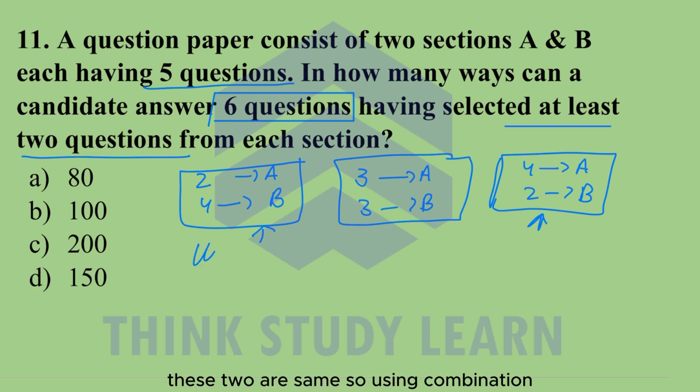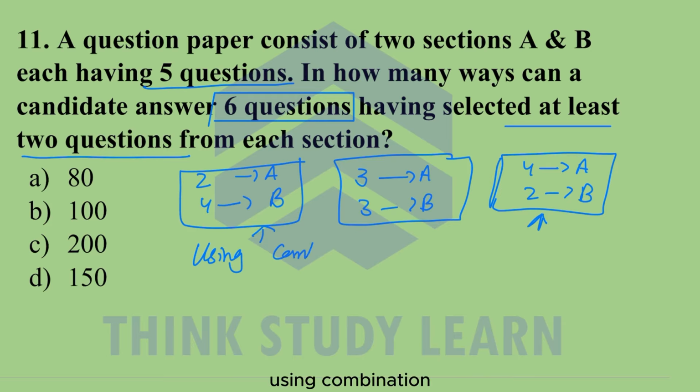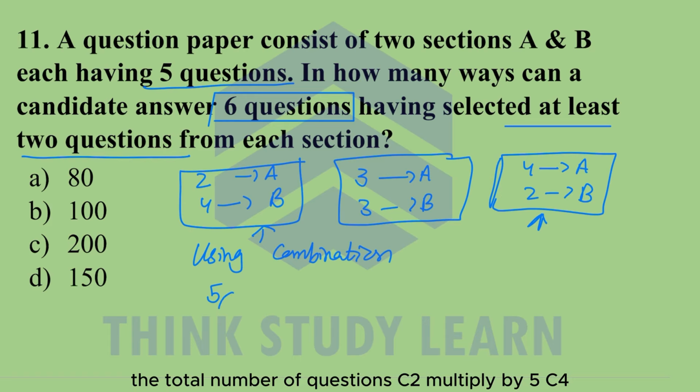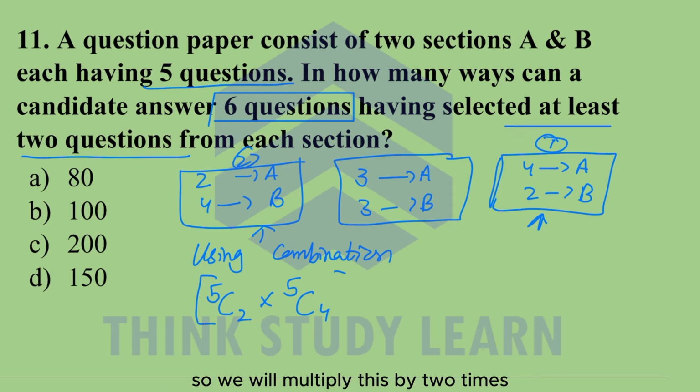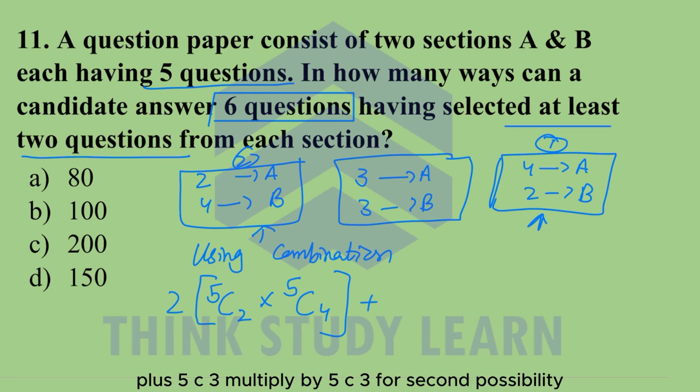So using combination, the formula will be 5C2 multiplied by 5C4, multiplied by 2 because these possibilities occur 2 times, plus 5C3 multiplied by 5C3 for the second possibility.